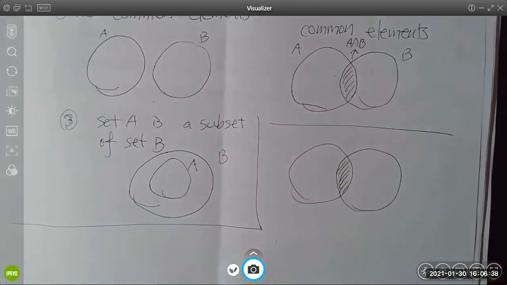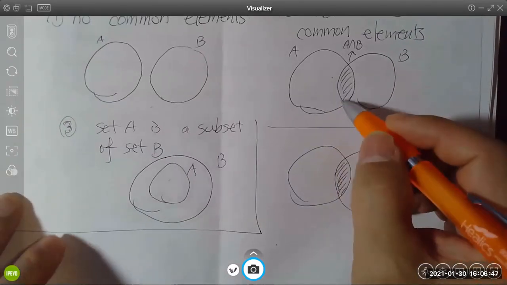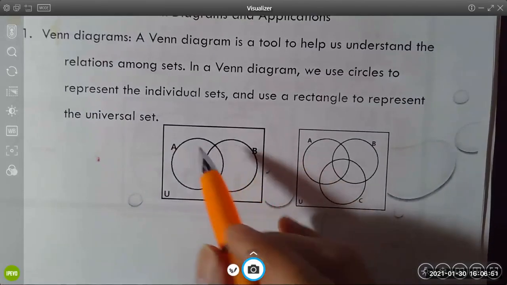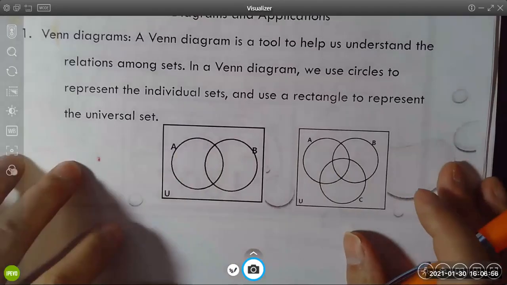Whenever we deal with two-set Venn diagrams, we always draw it this way: two circles inside a rectangle, which is this.